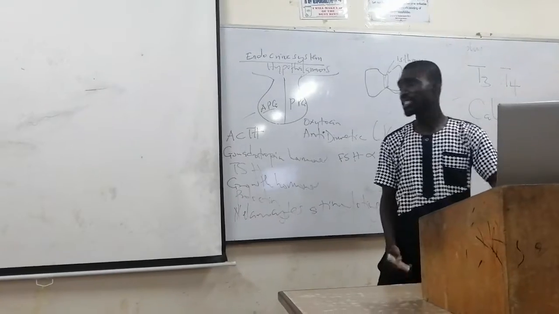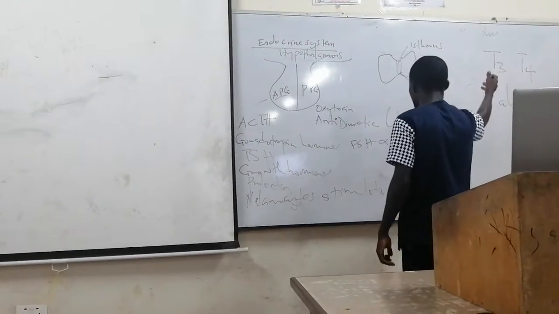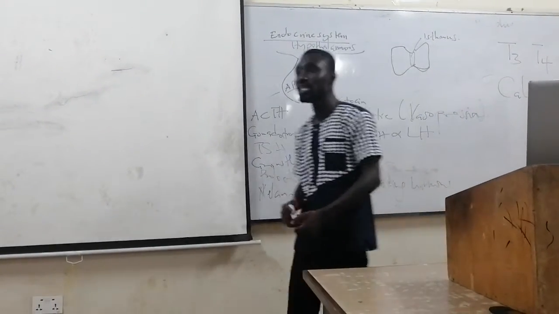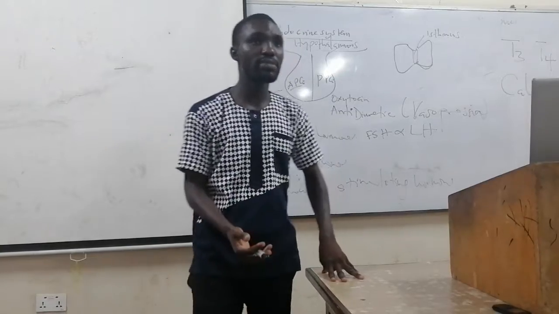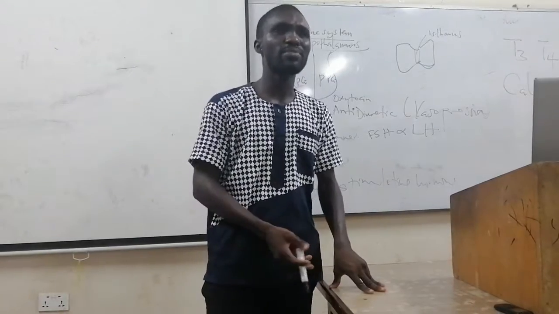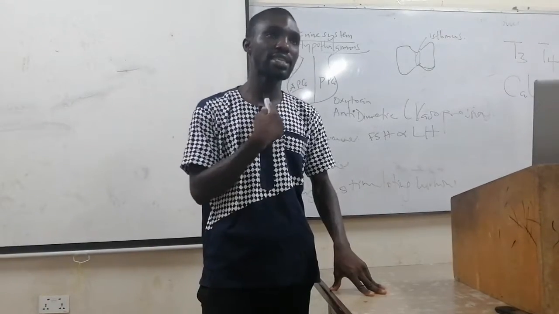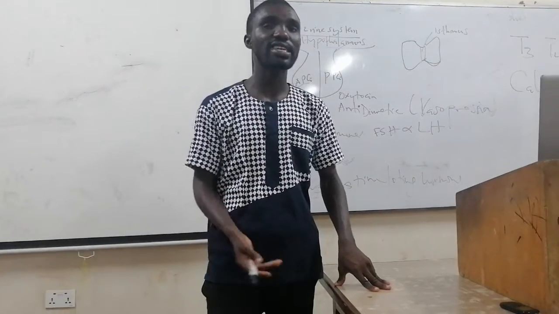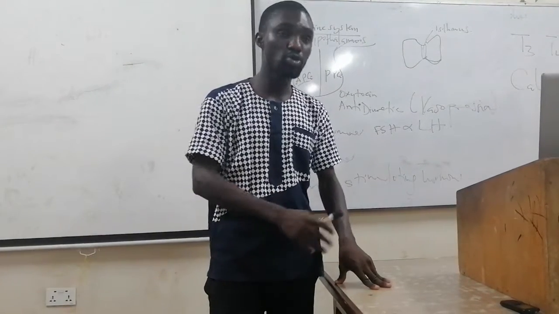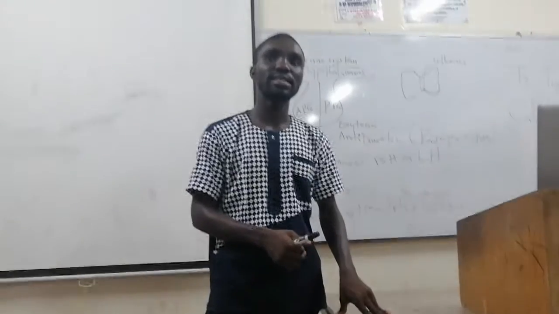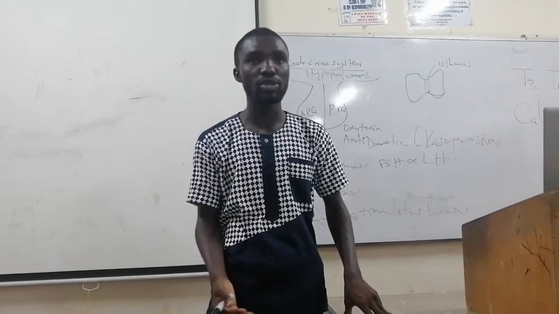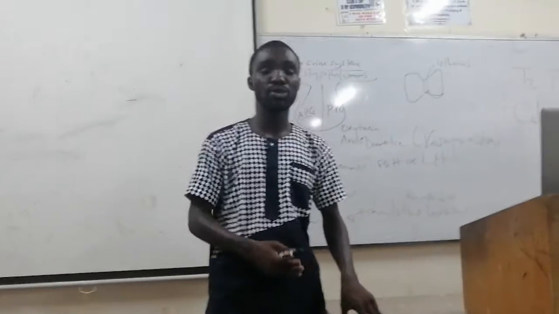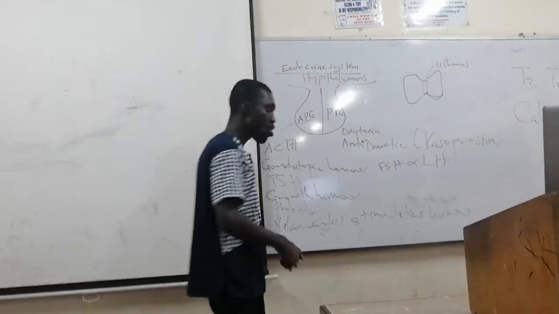Most of the time, the T4 and T3 hormones are released to control the body's metabolic activity, right? But when the gland is exposed to factors like infection and other things that we will talk about soon, it can lead to either overproduction or underproduction of the thyroid hormones.